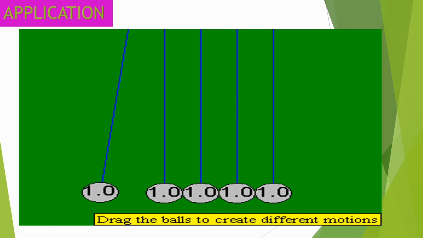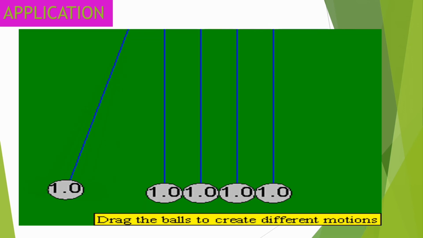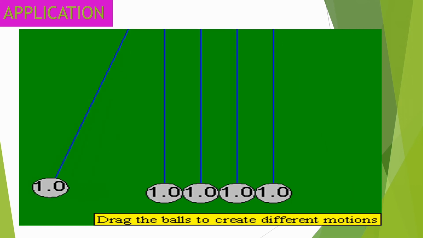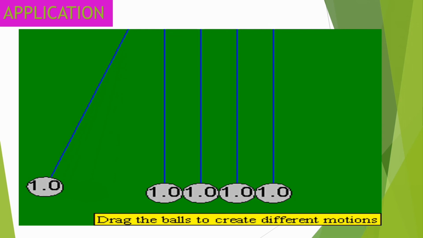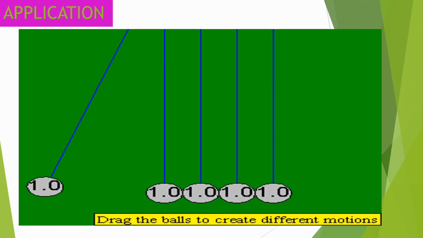Very good. It will be two marbles, same as the number of marbles that is pulled and released from the left. And this explains our lesson on the conservation of momentum.